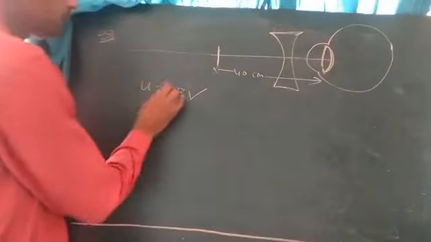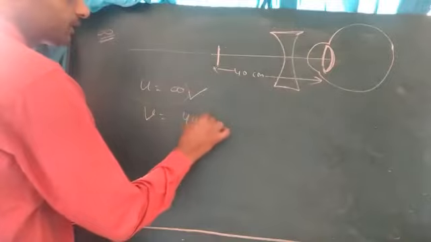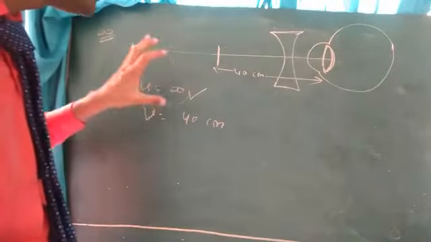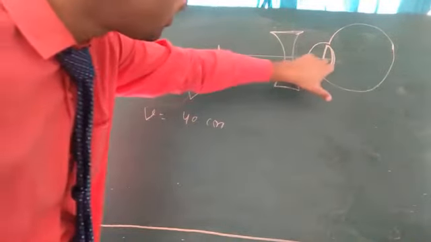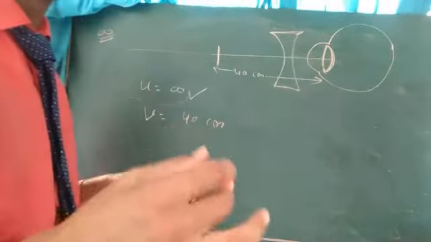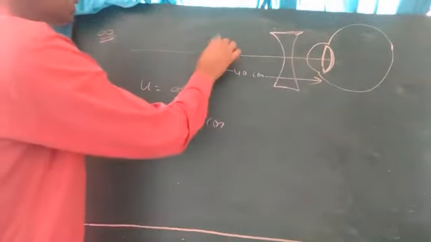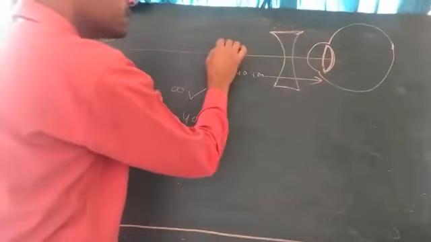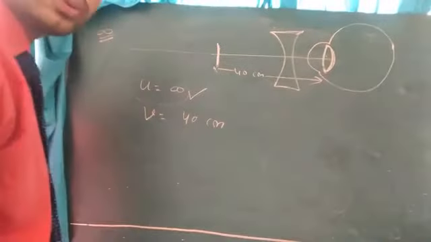So u equal to infinity and v equal to 40 centimeter. We have to obtain the image at 40 centimeter. Why? Because our eye lens can see this distance clearly according to the question. So this is the image for this lens, and this is the object for the eye lens. I hope you understand.